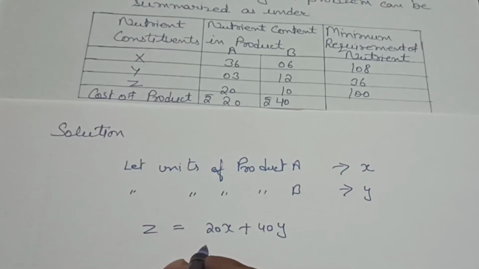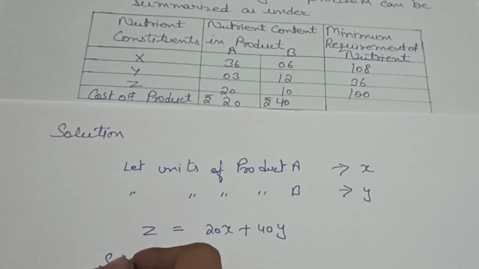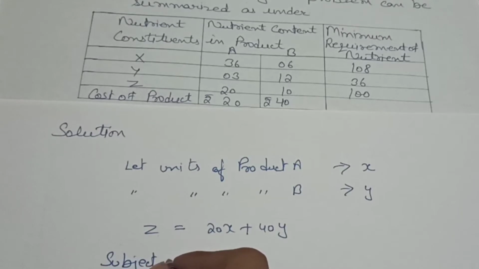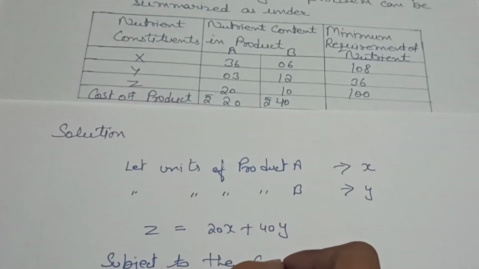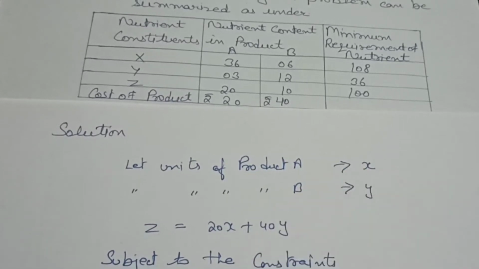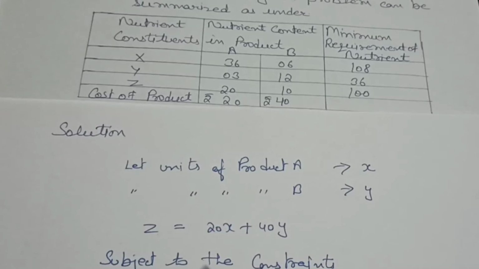Now this minimize function has some limitations. So we will make our equations for these limitations, subject to the constraints. So our first equation will be like this.